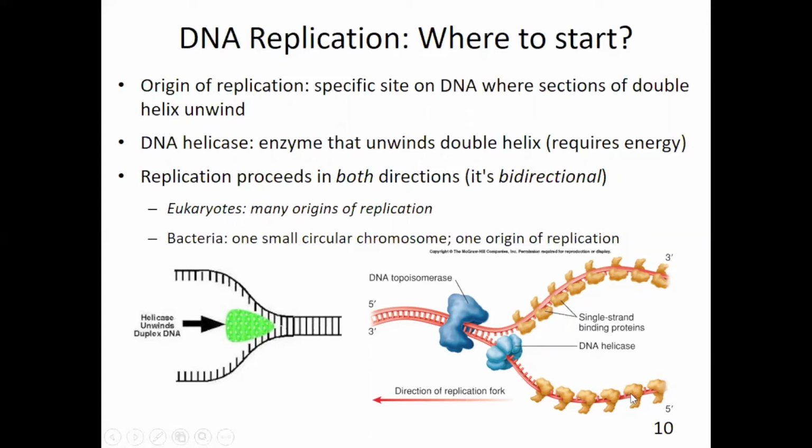These are single-stranded binding proteins, and they help keep the two parental strands of DNA separated, because the two parental strands could easily bond right back together again if we did not prevent that with the use of these single-stranded binding proteins.